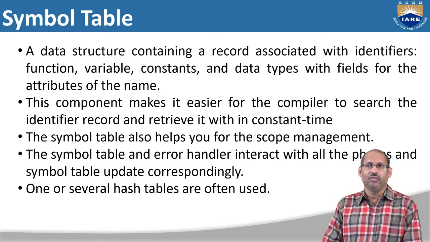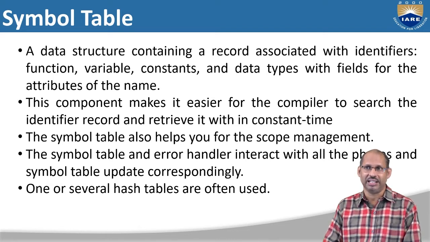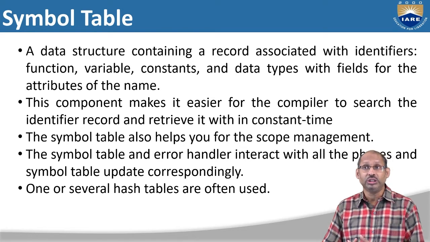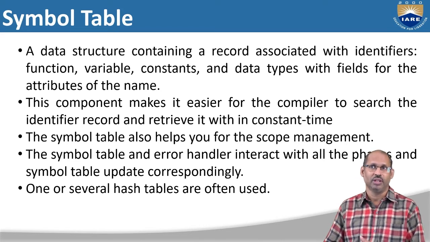The compiler has 6 phases, and also a symbol table and an error handler. What is the task of the symbol table? A symbol table is a data structure which stores the information about each identifier and each variable.